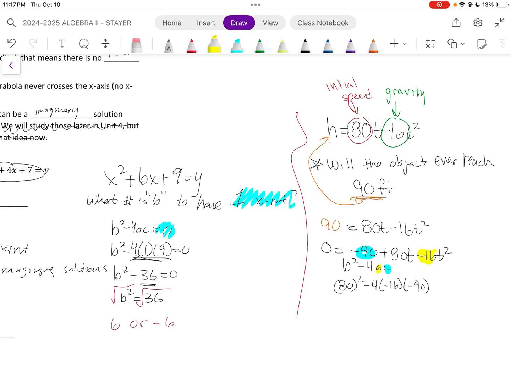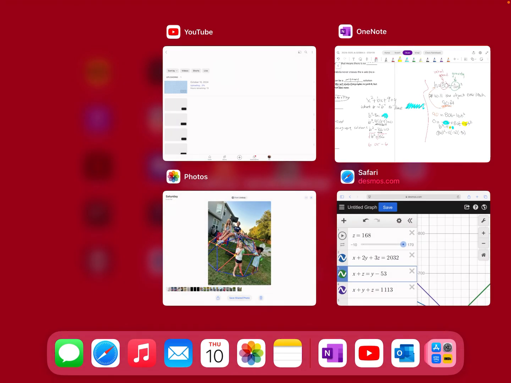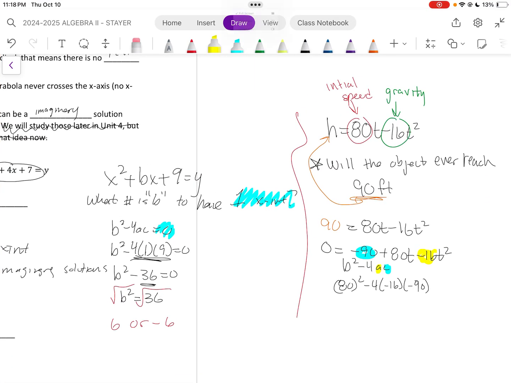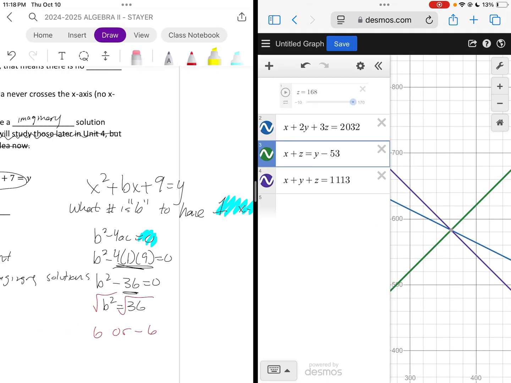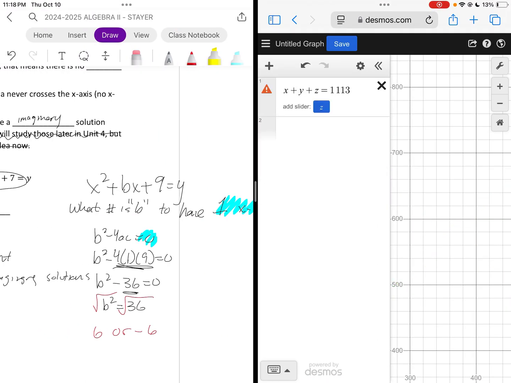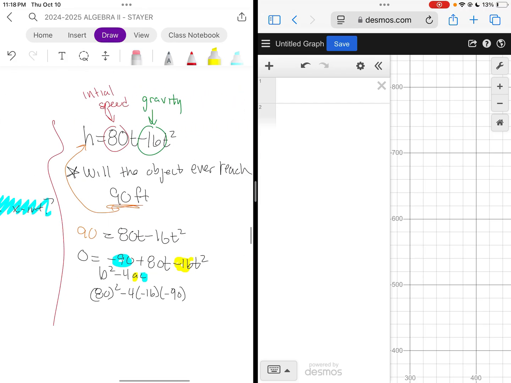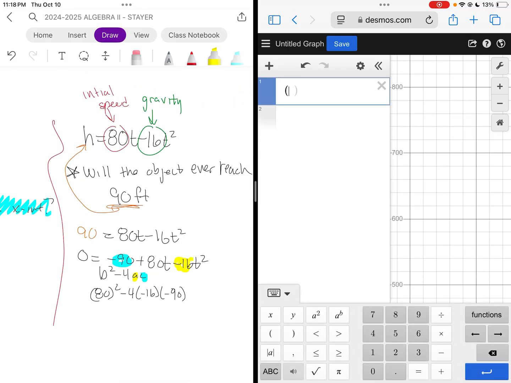So we could just use a calculator here, right? So I'm going to pull open Desmos here. And so here's my equation. So it's parentheses 80 squared minus 4 times negative 16 and negative 90. Now here's what I'm looking for.